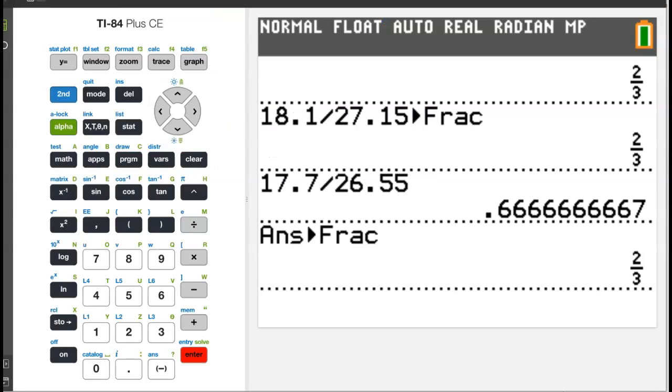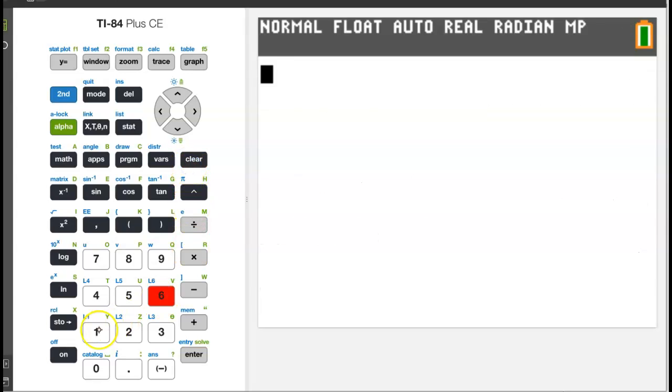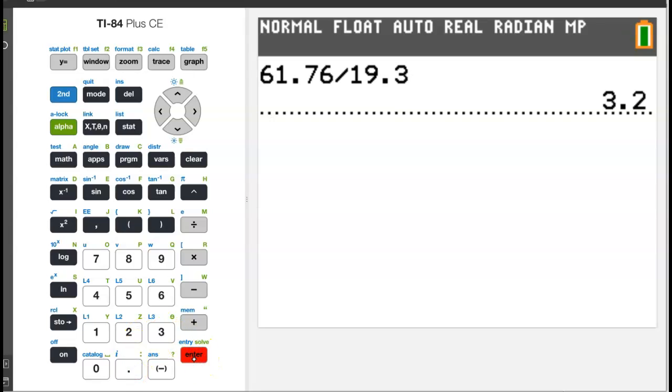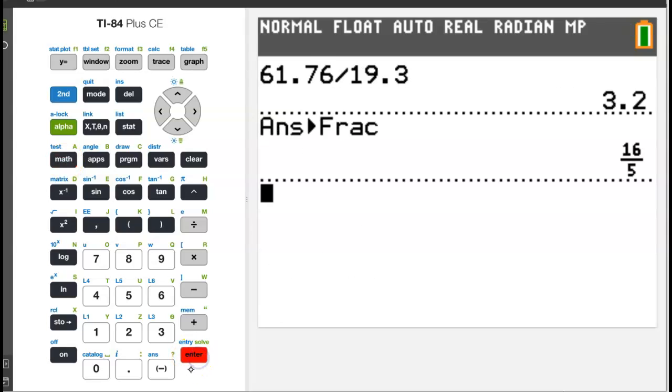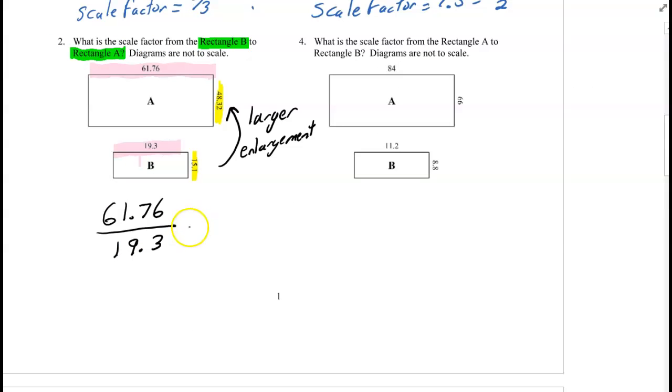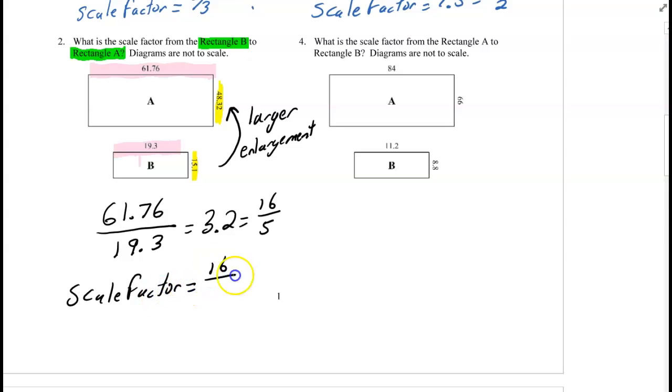So using my calculator, I'm going to type that in, 61.76 divide by 19.3. And when I do that, I get 3.2. I'll press math, fraction, and you get 16/5. So this is equal to 3.2 or 16/5. So the scale factor is 16/5.